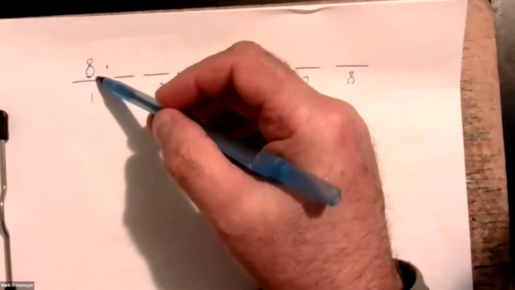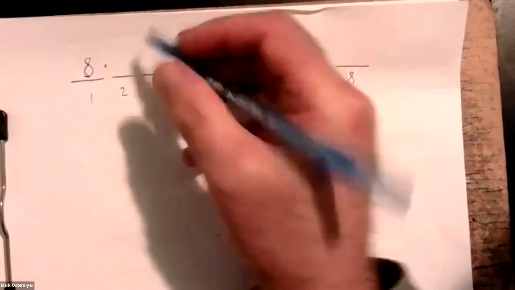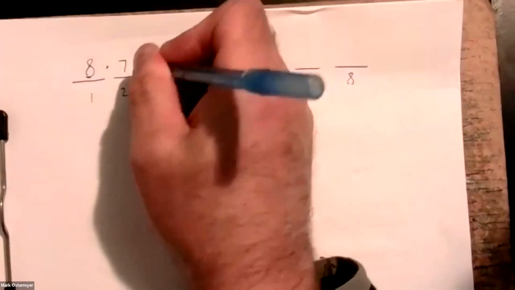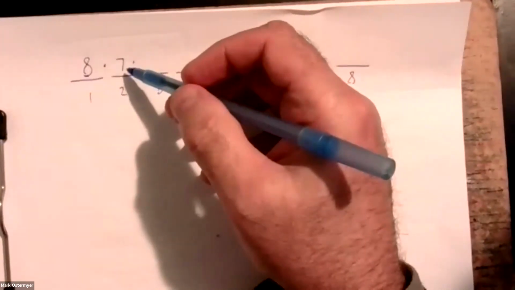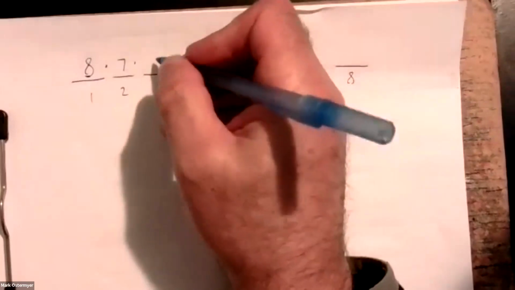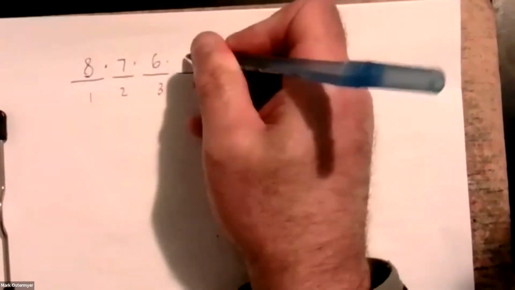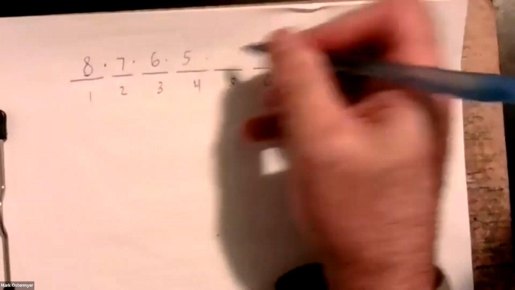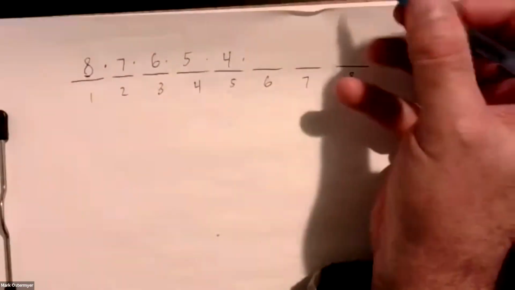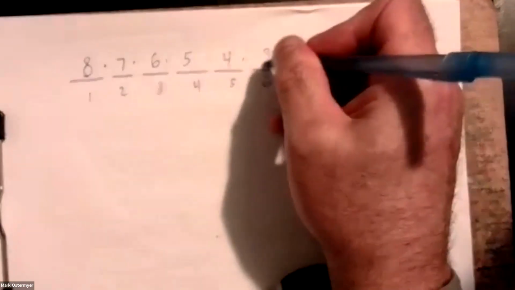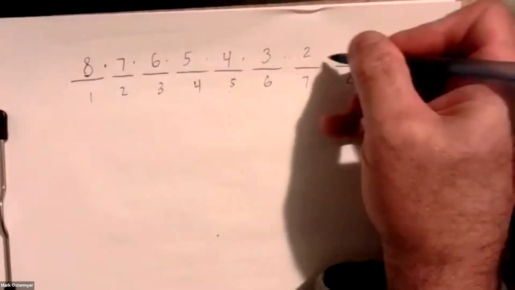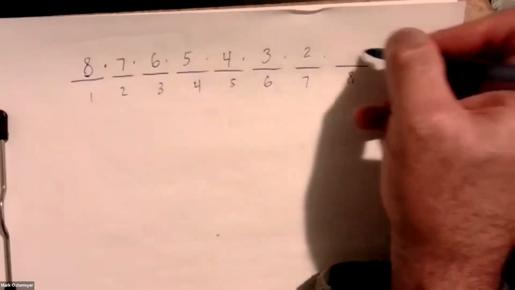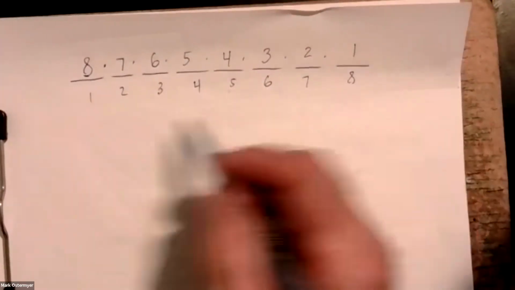But I leave one of the persons out, so I only have 7 people left to choose to populate the second chair. But now I left 2 people out, which means there's only 6 ways to populate the 3rd chair, 5 ways to populate the 4th chair, 4 ways to populate the 5th chair, 3 ways to populate the 6th chair, 2 ways to populate the 7th chair, and 1 way to populate the 8th chair.